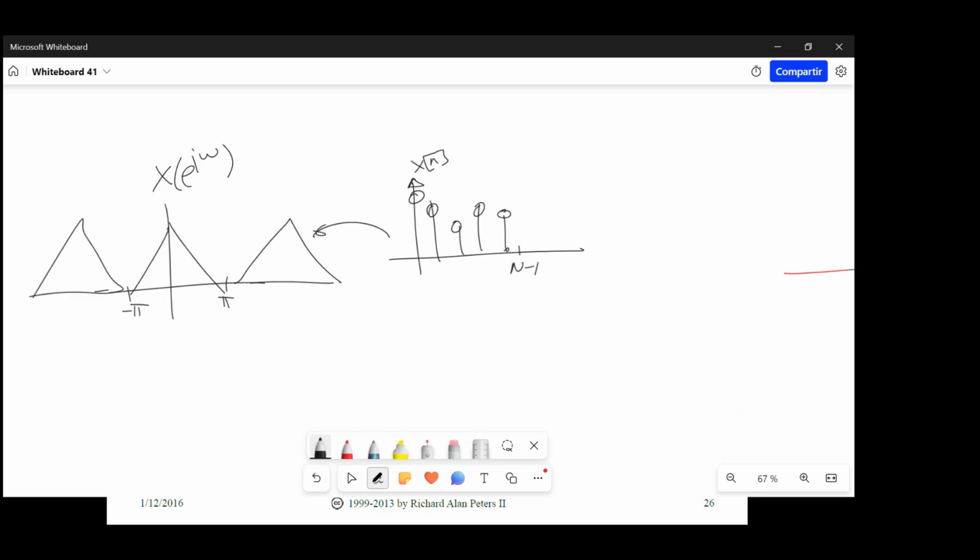Do you remember these things? That the Fourier transform of a discrete signal is a periodic signal. Now here it is continuous. So for every discrete frequency omega, you have a value. Okay, so here it is continuous, here it is discrete. And then what you are assuming is that this signal is periodized. So it is the same signal that is periodic, and then this sample is here.